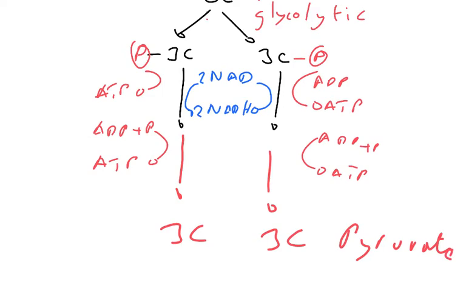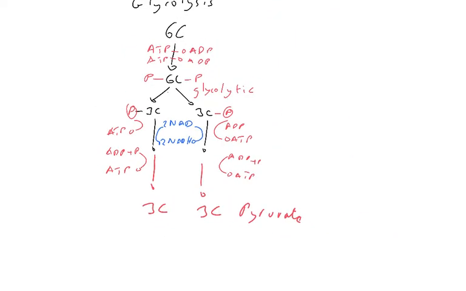Now, this process starts with the glucose. You phosphorylate it twice, you produce a hexose biphosphate, you have the glycolytic step, and you produce 2 molecules of 3-carbon triose phosphate. Remember, that phosphate is then attached to an ADP to form an ATP.